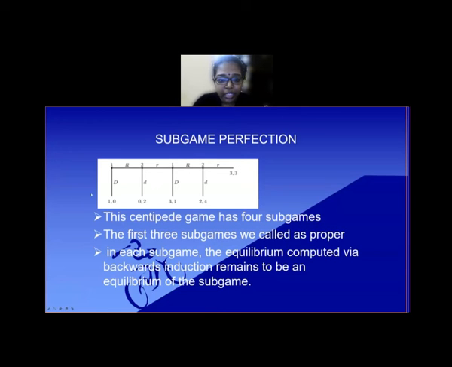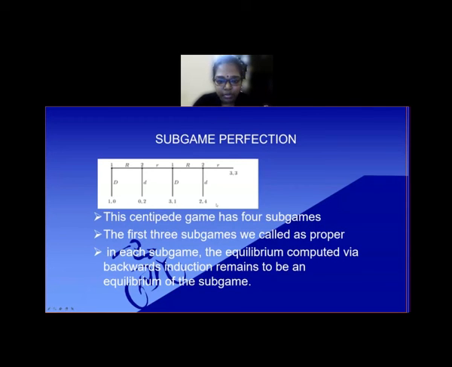And finally, the entire game is considered a subgame. The first three subgames, excluding the entire game, we call proper subgames.